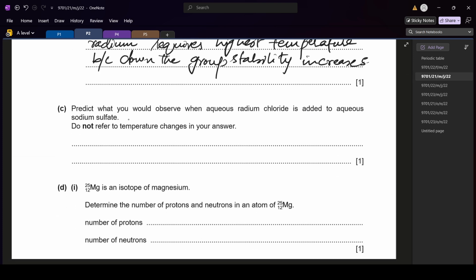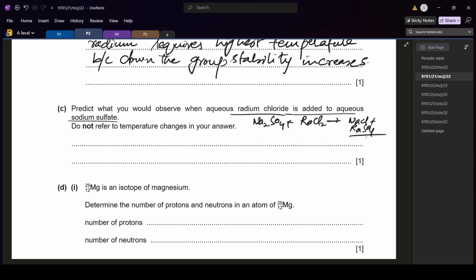Part C, predict what you would observe when aqueous radium chloride is added to aqueous sodium sulfate. So when sodium sulfate reacts with radium chloride, this will form sodium chloride plus radium sulfate, and radium sulfate is insoluble because down the group solubility of sulfates decreases.